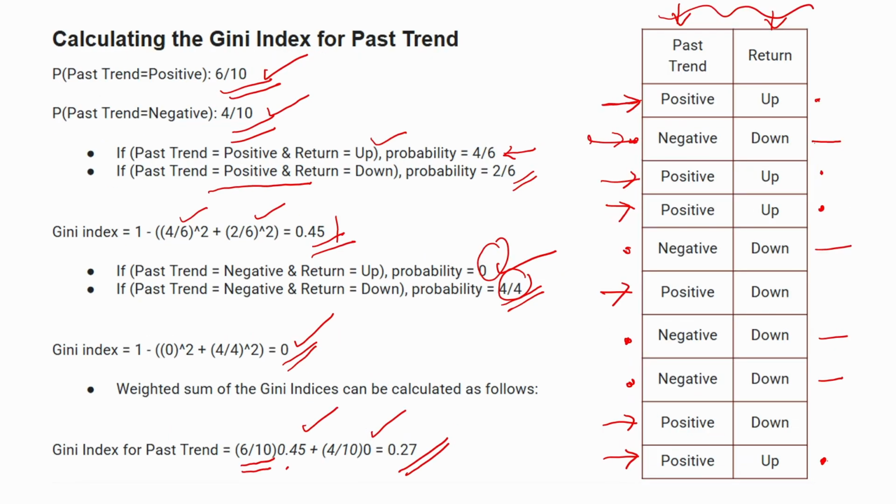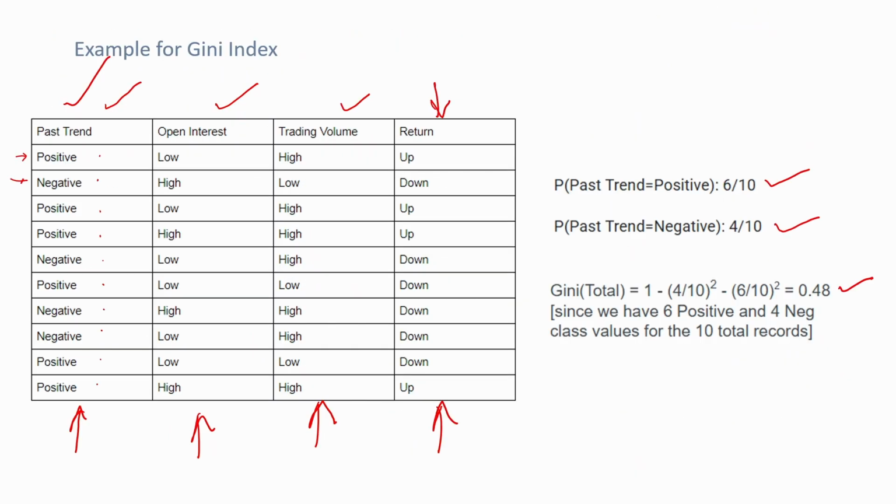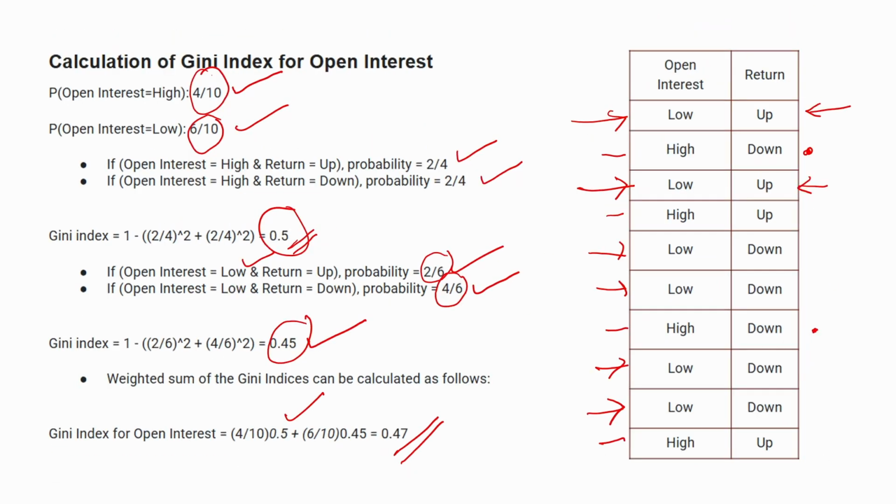Now you just check in the original table. We don't have any more features left. We have found the Gini index for past trend, open interest and trading volume. And this column represents the prediction column, so this is the classification up or down. Now we have to compare the Gini index you have calculated for all these three features.